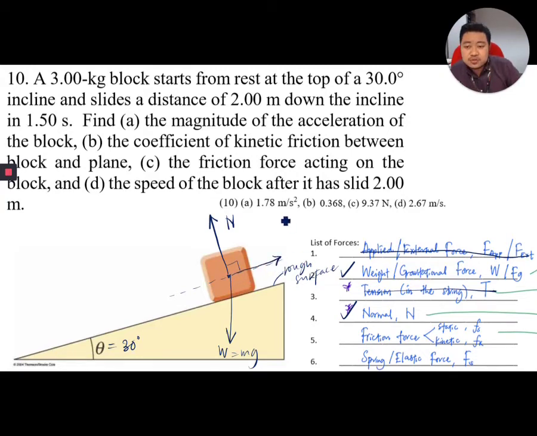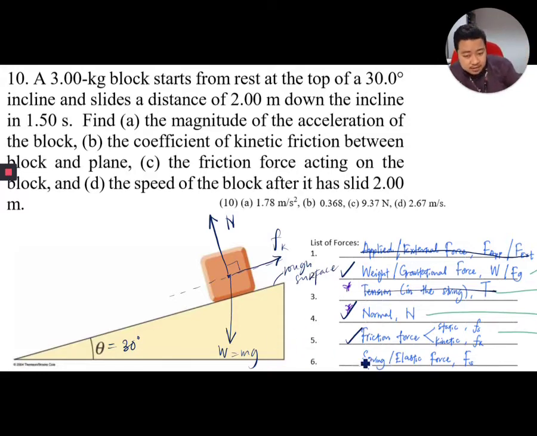So this is going to be the friction force, specifically kinetic friction force. Okay, so moving on, number 6, or the last force to be considered, is going to be spring or elastic force.